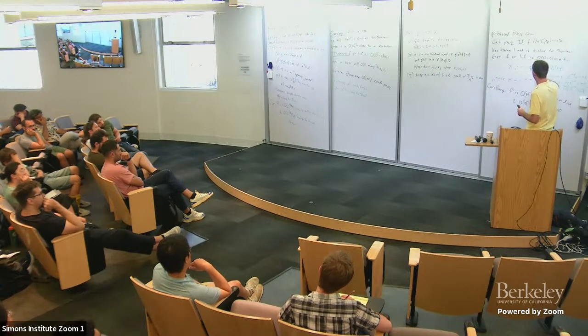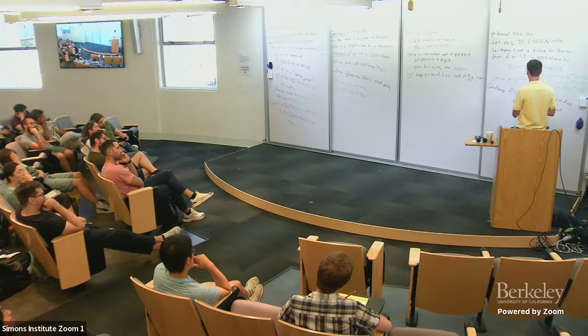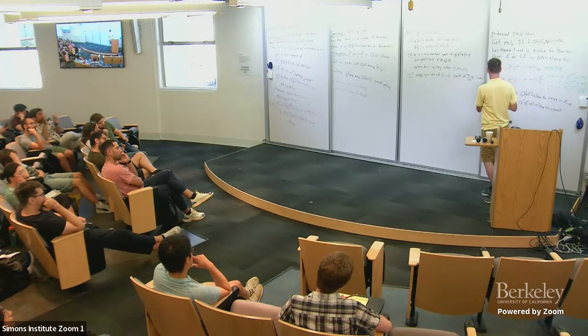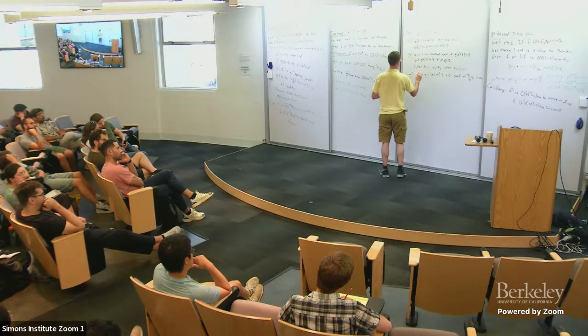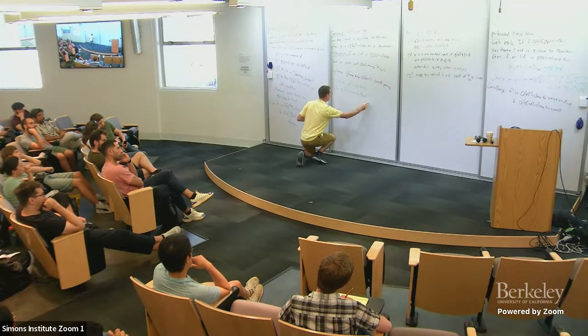Okay, so how many non-Boolean inputs do we have here? What's the minimal non-Boolean input here? It's Eij plus Eik. Sorry for the mess.